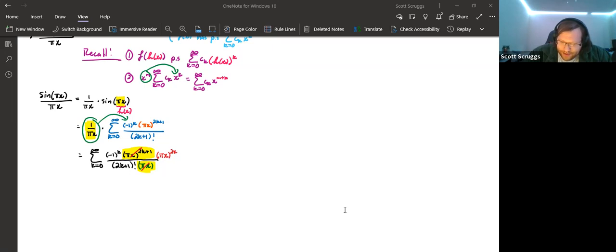my Maclaurin series for this problem is the sum starting at 0, ending at infinity, -1 to the k power, pi times x to the 2k power over 2k plus 1 factorial.